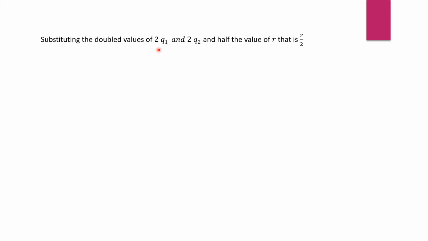Now, substituting the doubled values of 2q1 and 2q2 and half the value of r, that is r by 2, results in F dash equal to k, the constant of proportionality, 2q1, 2q2 divided by r by 2 square.